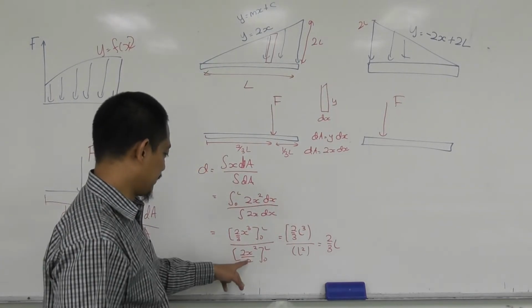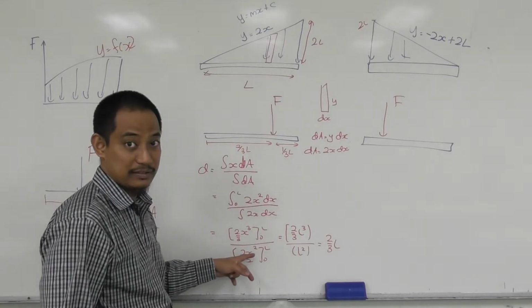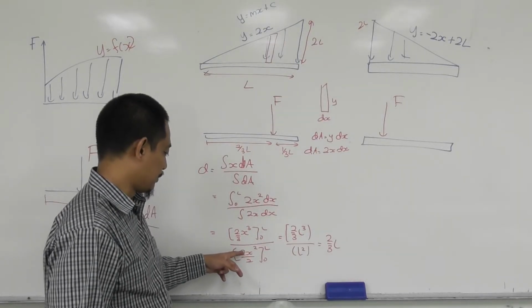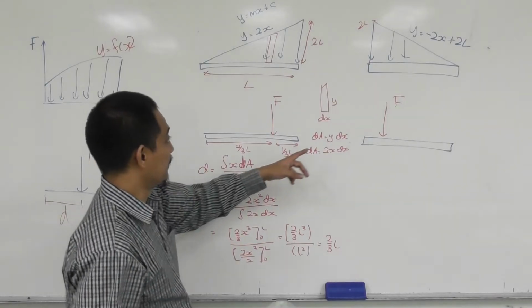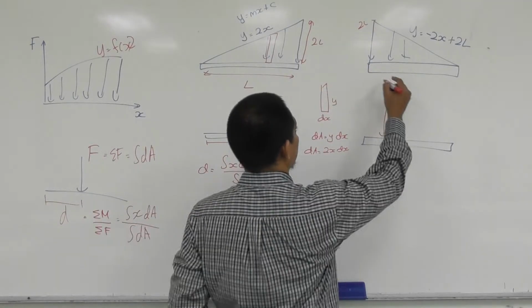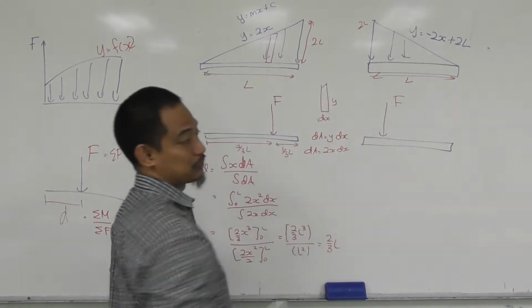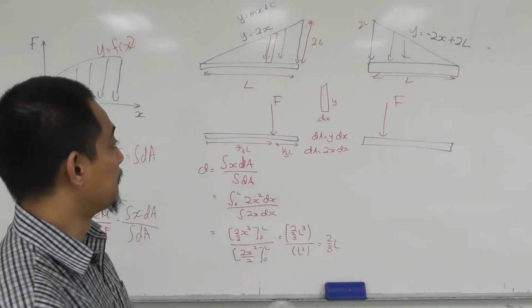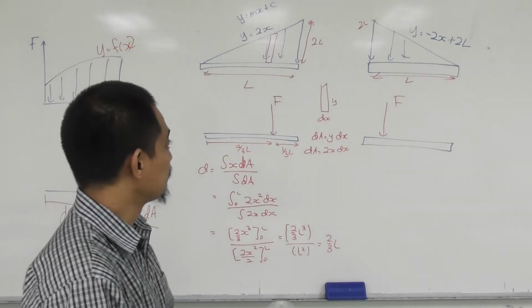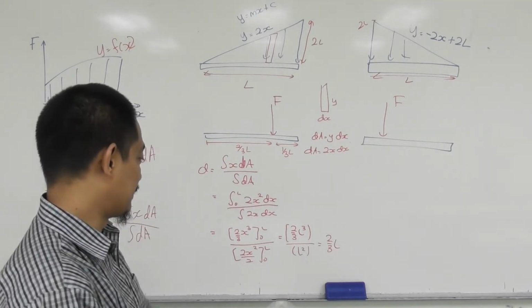You get L squared, because you still have this L and this 2L, so half times L times 2L is simply L squared.